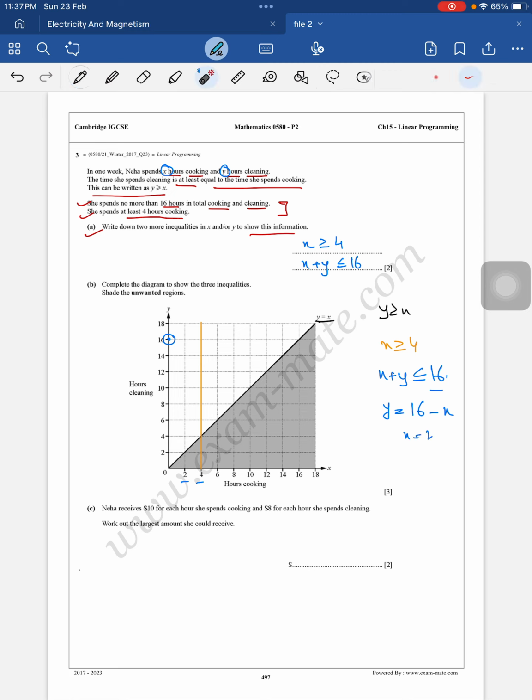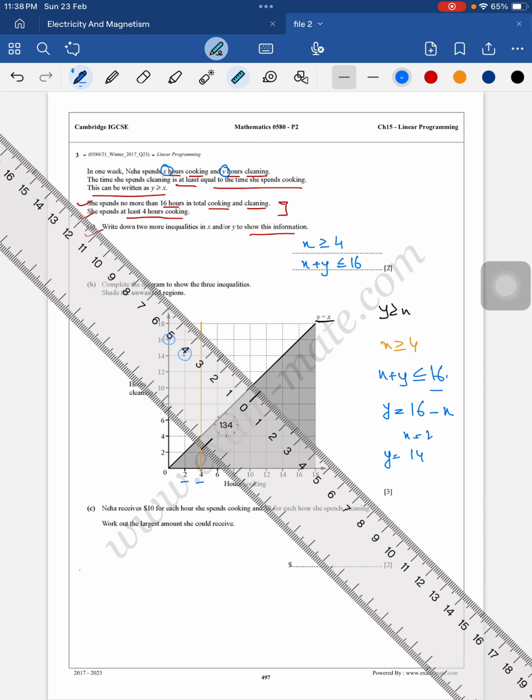One point can be found by looking at the equation, because comparing with y equals mx plus c, I knew that 16 is the y-intercept. I plot this point over here. The second point I get by putting x equals 2, so 16 minus 2 is 14. So 2 comma 14 means this point, right? Using the scale I will plot this.